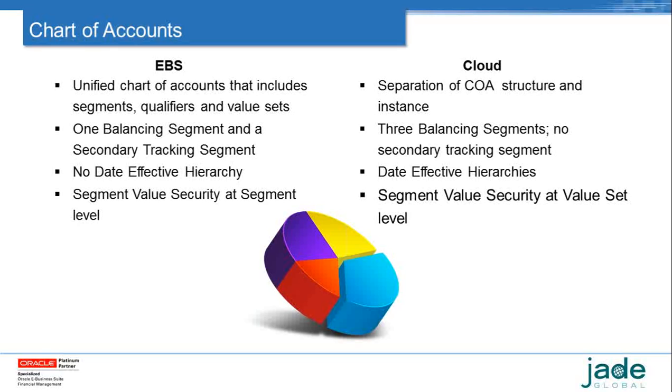So hierarchy-wise in Fusion, account hierarchies are used for balance inquiries, financial reporting, and other general ledger processing. For inquiry and reporting purposes, date effective hierarchies allow analysis for past, present, or future data against any account hierarchy.